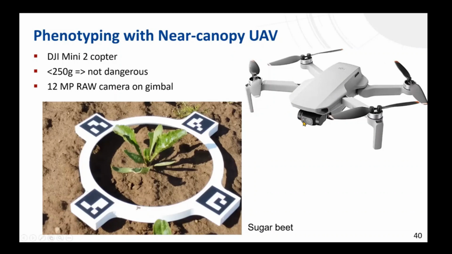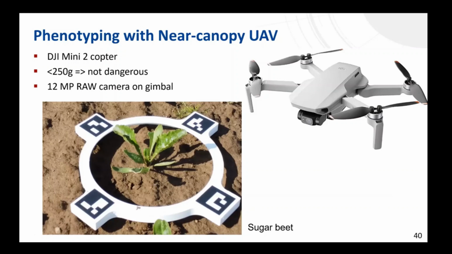We selected this DJI Mini 2 copter because it's not dangerous. It's so lightweight that it's allowed to fly even above people. And it has a pretty good camera, 12 megapixels. We can get raw images, and if you zoom in, you can recognize a lot of detail there as well.